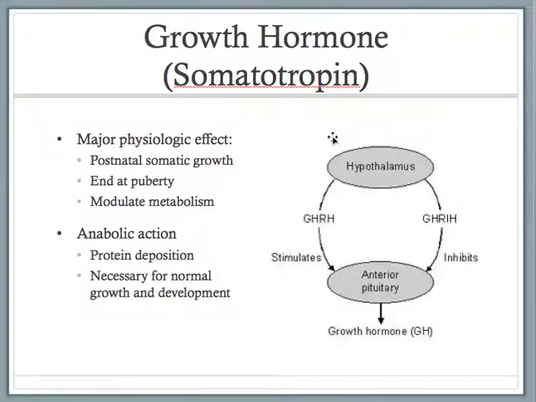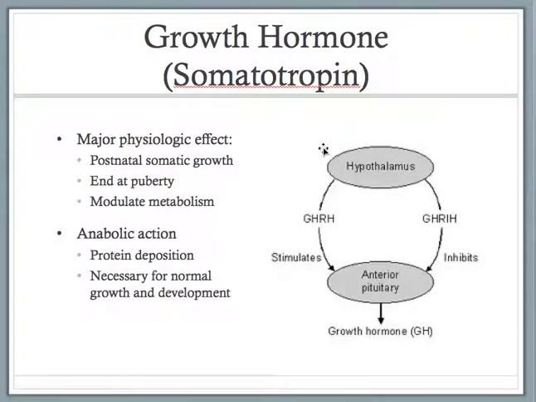Here is your feedback loop for growth hormone. When we need growth hormone, the hypothalamus produces growth hormone releasing hormone, which binds to cells in the anterior pituitary and stimulates them to make growth hormone. When growth hormone is adequate, it will feed back up to the hypothalamus, telling it that it has enough and doesn't need any more.